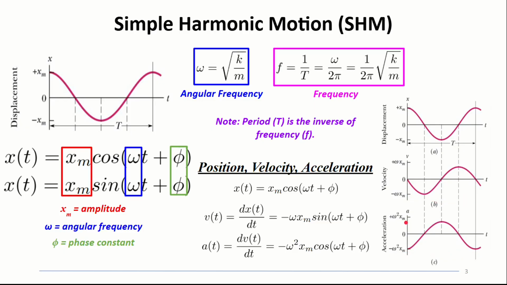And then if you take a look at the amplitudes, for instance acceleration, you'll see that the amplitude is going to be omega squared xm, while for velocity it's going to be omega xm, and for displacement it's going to be xm. So you can determine that based on whatever this factor is on the outside of your cosine or sine function. So you have xm, omega xm here, and omega squared xm here.